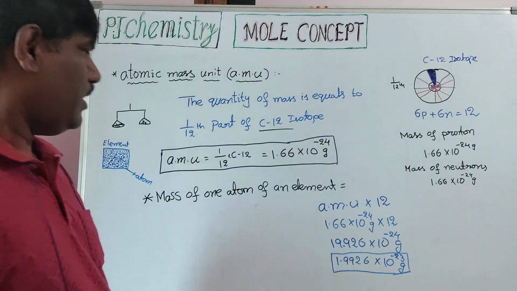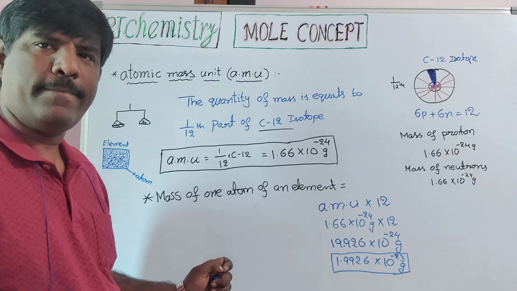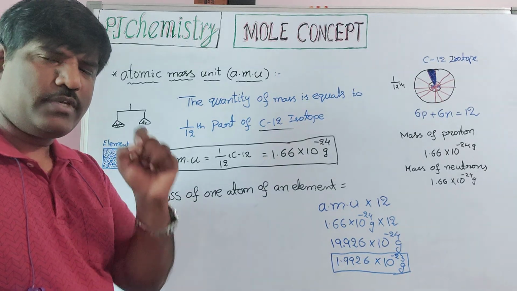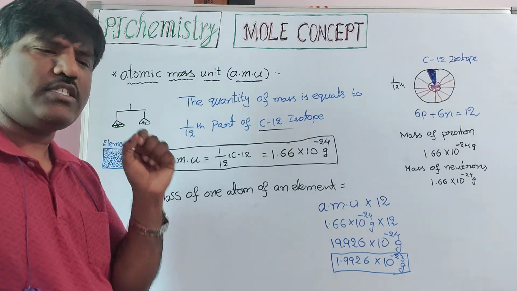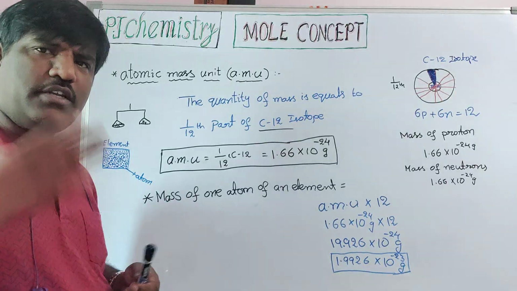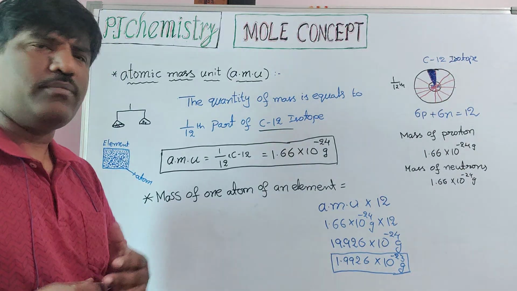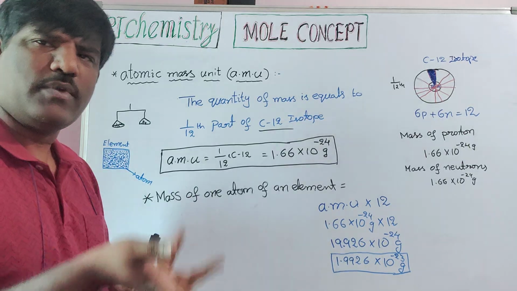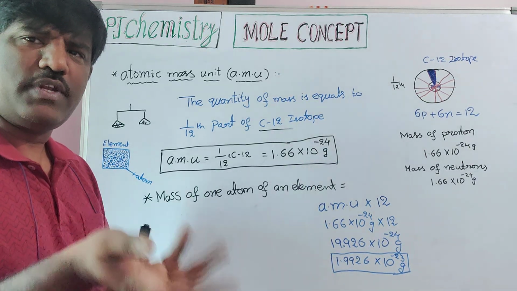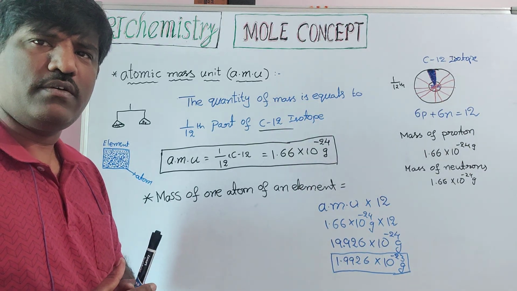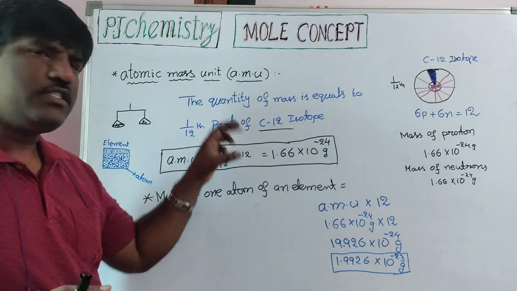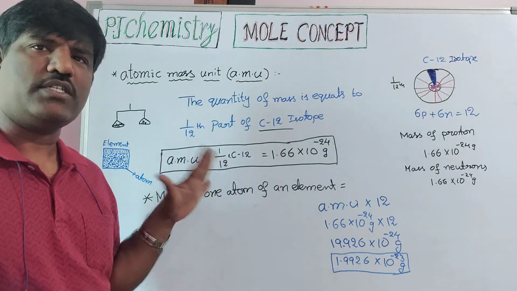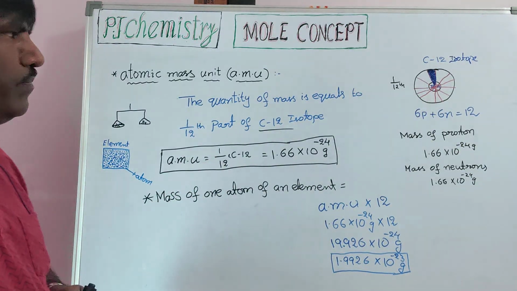Yes, children, do you understand till here? This information is very important. Every student will try to solve many problems, but when we ask here, they get confused. What is atomic mass unit? What is mass of one atom of an element? This is the basic information to understand the mole concept clearly.